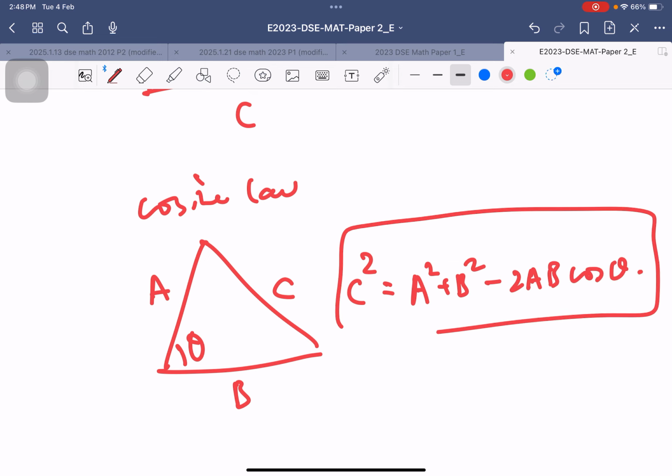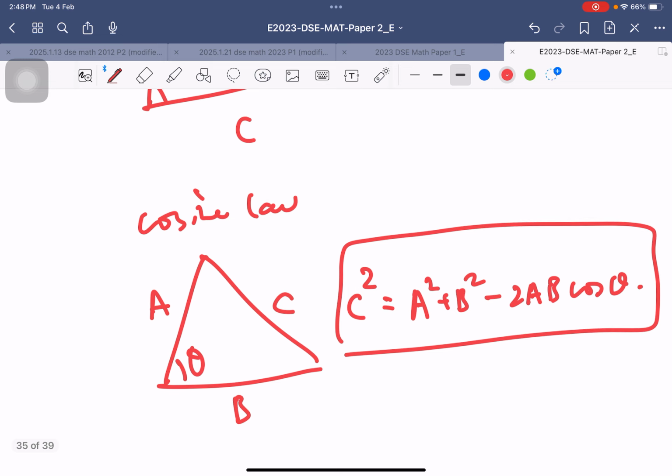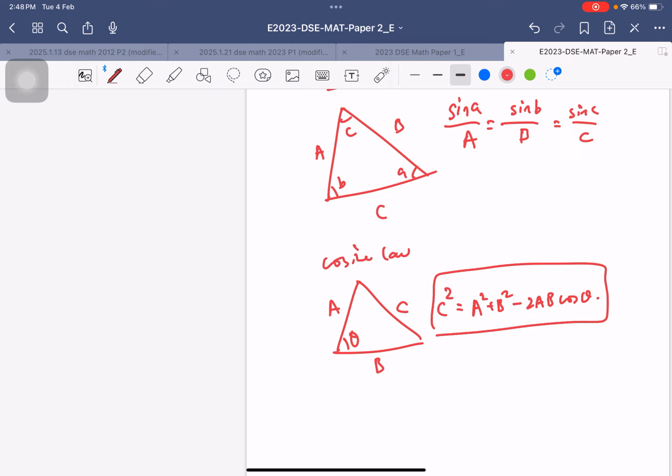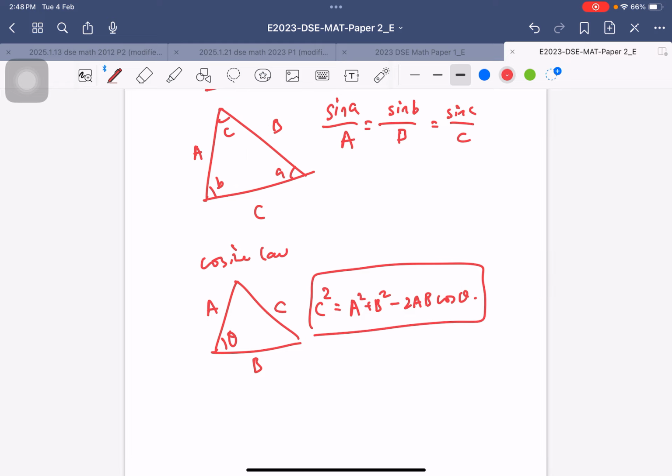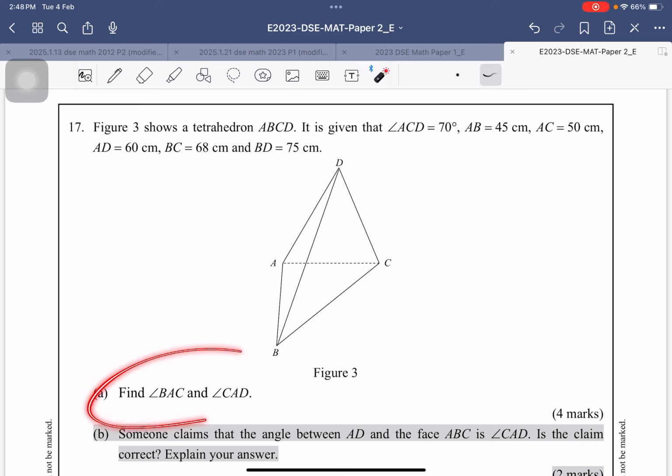If you want to calculate the opposite side, you use the two sides that we have and the angle in between. With these two formulas, you can calculate most of the questions in trigonometry. And it's just using the formula directly.